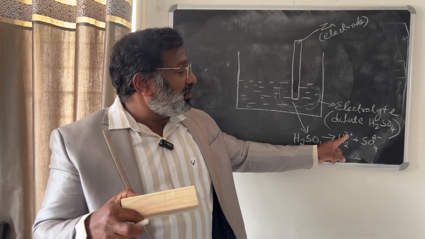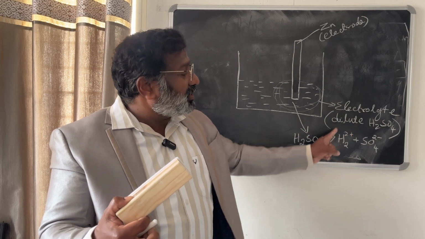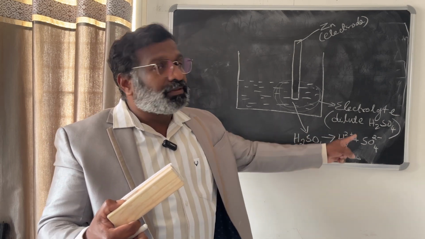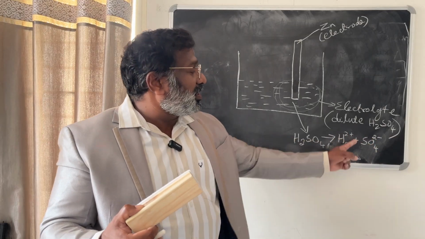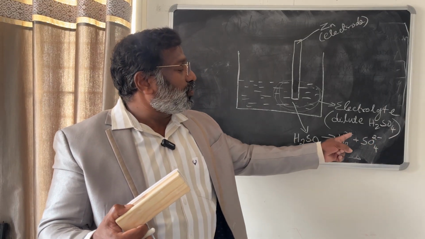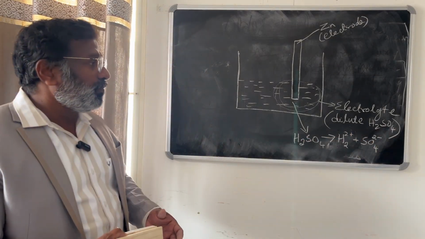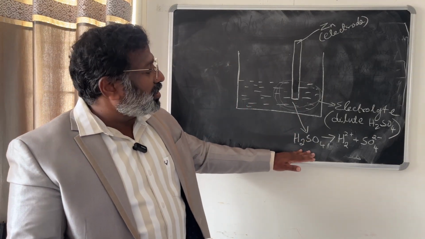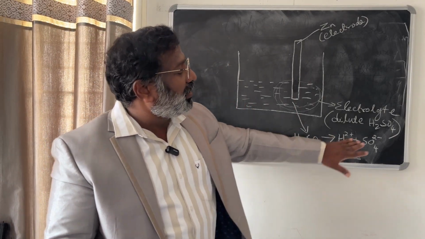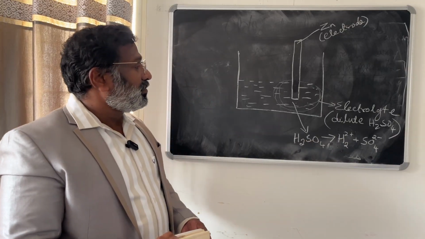This hydrogen ion 2 plus means it has a shortage of 2 electrons. Here there is an excess of 2 electrons, here there is a shortage of 2 electrons. So 2 plus, 2 minus, that's the meaning. So chemical force splits the dilute sulfuric acid into hydrogen ion and sulfate ion.